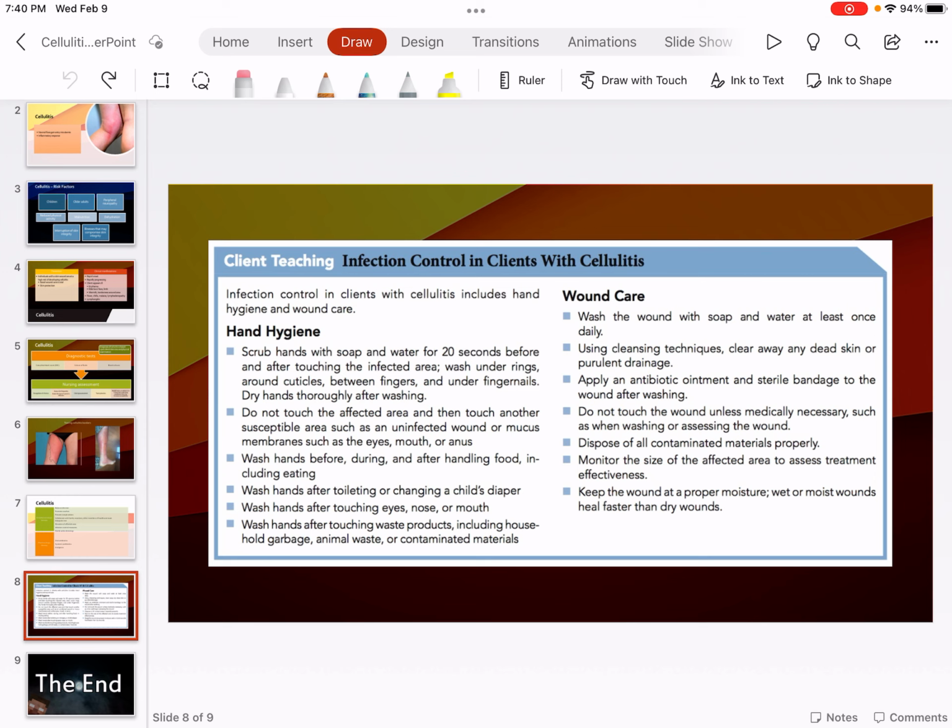And sterile saline dressings would be indicated if there's a large area, if there's an open wound of any significance. Sometimes cellulitis can start and the wound can be very minimal and minor, but sometimes it can be a little more of a significant wound.